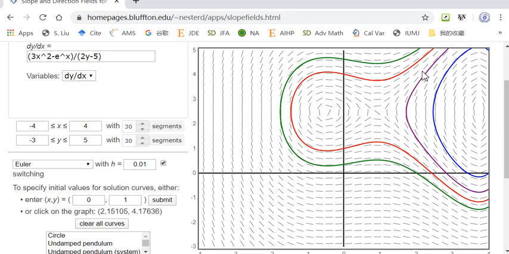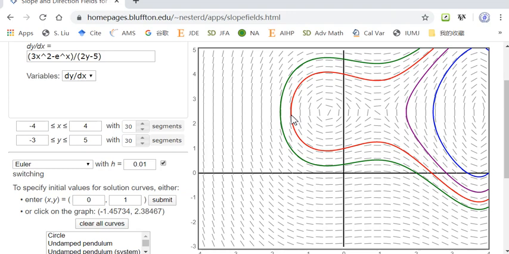Of course, you should know that the red curve is not the graph of a function, because for the graph of a function, a line parallel to the y-axis can have at most one intersection with the curve. But here we have two. So this red curve is in fact the union of the graphs of two functions.